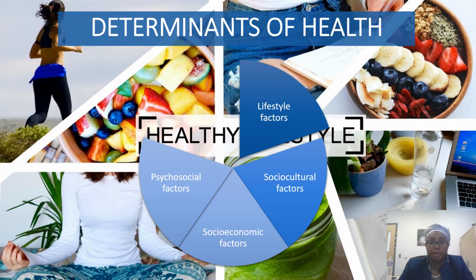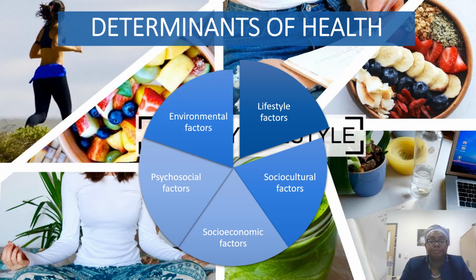So how healthy are you mentally, especially from a social perspective? And then also environmental factors. What is going on out in the environment that has maybe nothing at all to do with the human dynamic itself that is impacting a specific disease state or phenomenon that's going on within the community?